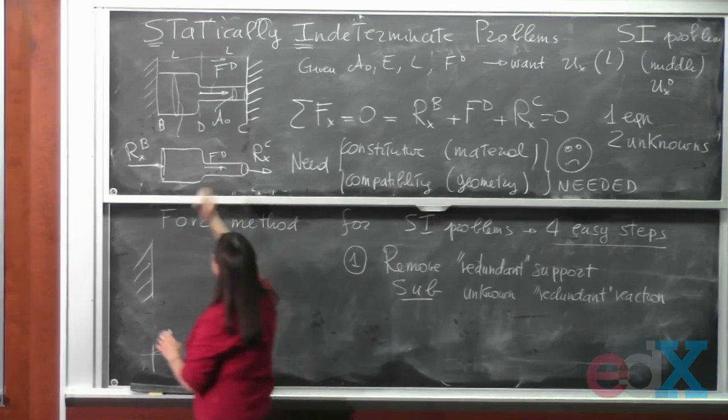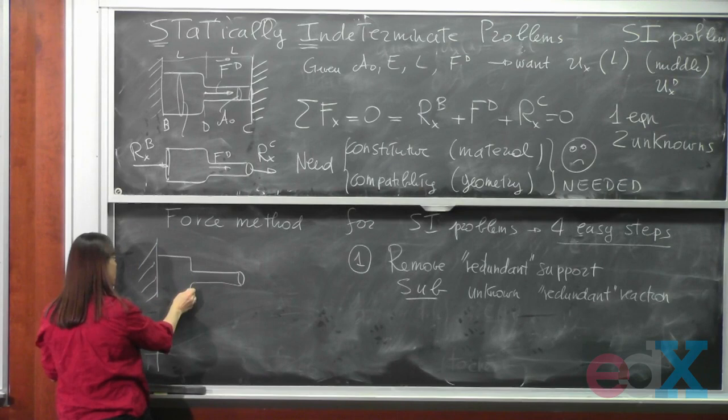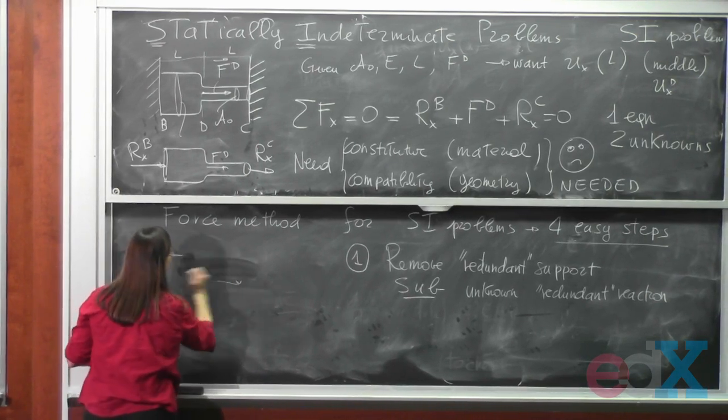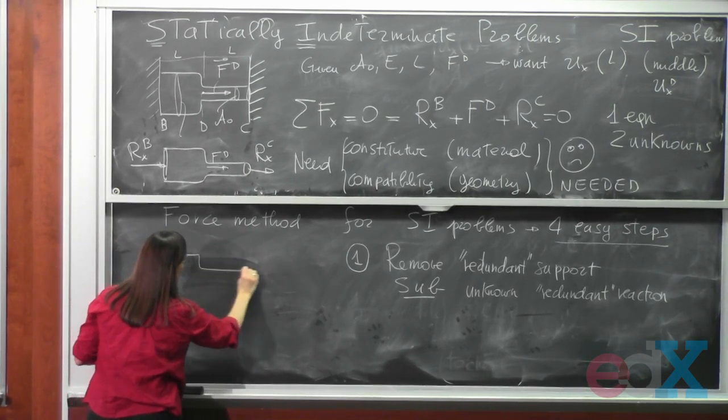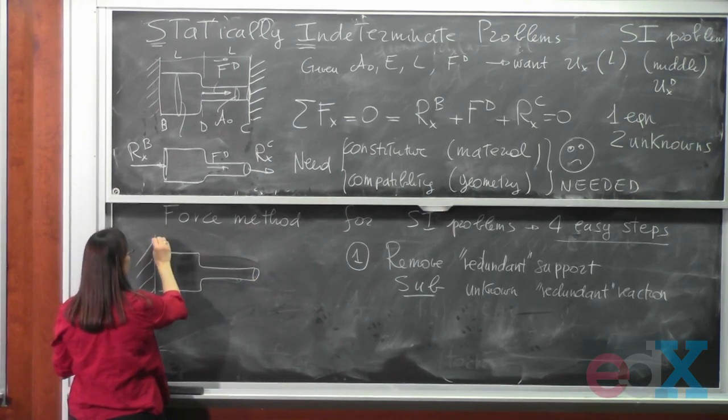So you look at this and you say, you know what, I'm going to take this whole extra wall away because I know how to solve this problem without the wall. I don't need the help, thank you very much.